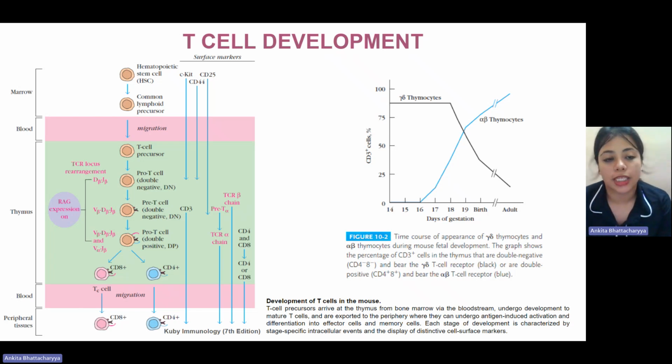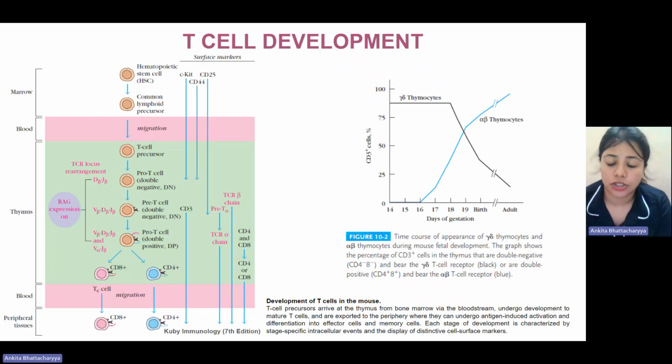There is expression of the RAG gene, a recombination associated gene, which is a recombinase able to cut DNA at distant locations and allow joining of other combinations of DNA, eventually leading to the recombined locus. Initially the TCR locus rearrangement is D beta and J beta rearrangement, and when that has occurred with a simultaneous gradual decrease in c-KIT and CD44, you consider that to be a pro-T cell.